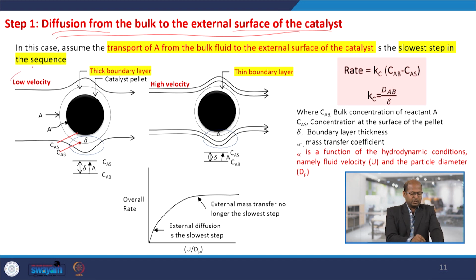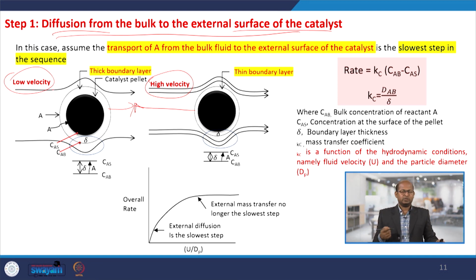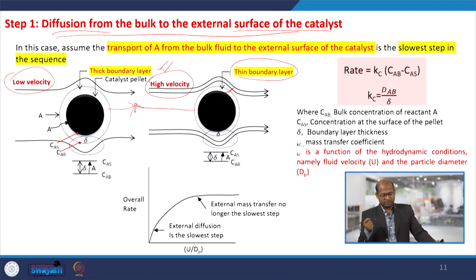So, if the velocity of the fluid is very low, a thick boundary layer formation would be there over the outer surface of the catalyst, and when velocity is very high, then a thin boundary layer would form on the outer surface. It has some specific thickness, which we can express in terms of delta, the boundary layer thickness.